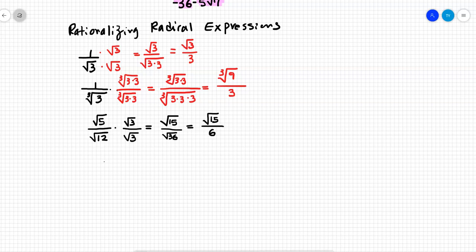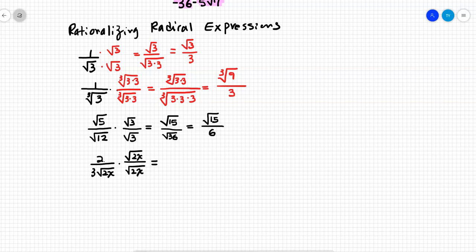What about if you have variables in the denominator? So you've got 3 square root of 2x. Same thing here. You're going to multiply, in this case, by square root of 2x, top and bottom.